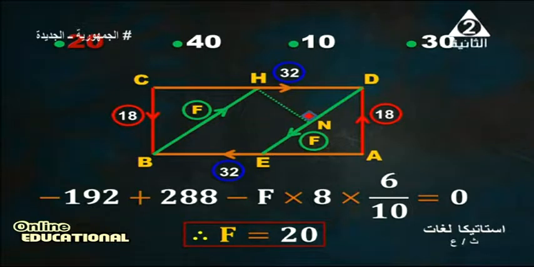After that, what is the direction, positive or negative? After that, in equilibrium, the summation equals 0. We find the moment of the couple equals L times F, or F times L, where L is the distance between the two forces. Therefore, the value of the force F is 20 Newton.